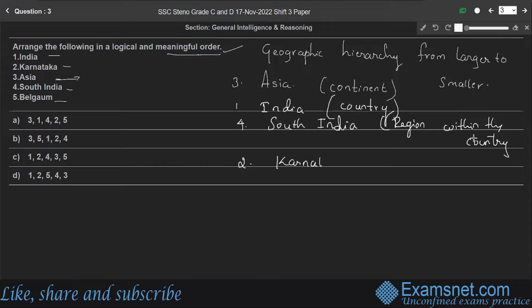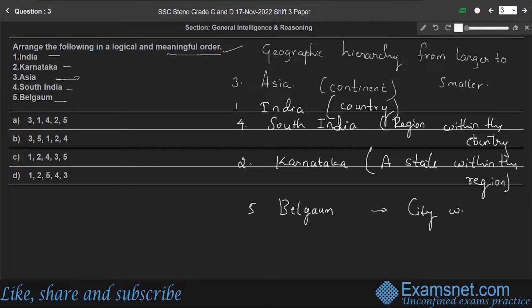It's a state, a state within the region of South India. Lastly, Belgaum, a district or a city within the state of Karnataka.